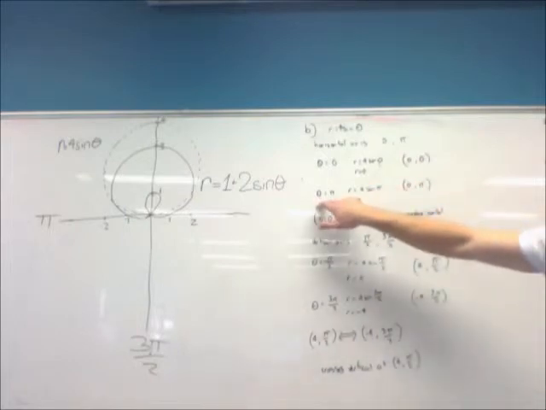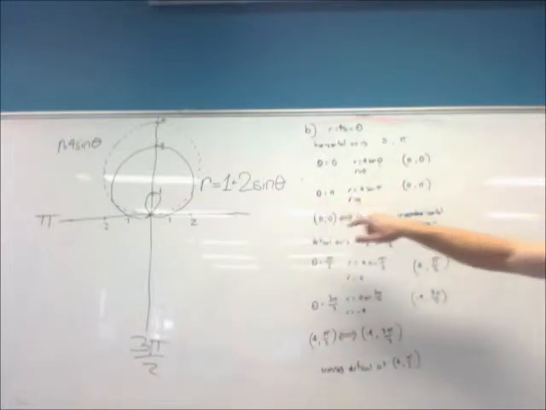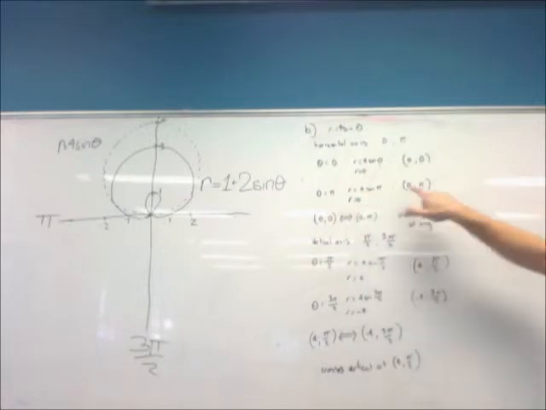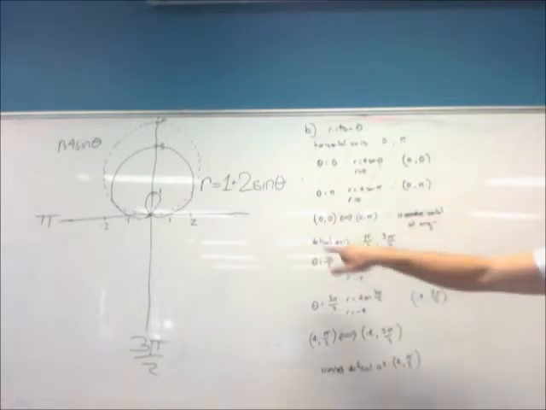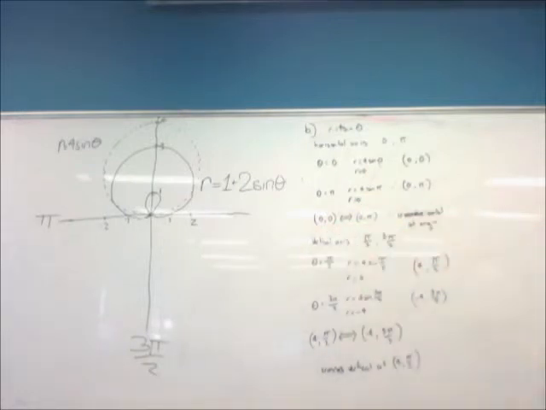For theta equals pi, we find r also equals 0, so 0, pi. And we know these are both the same if we put it on the graph, so therefore it crosses the horizontal at the origin.